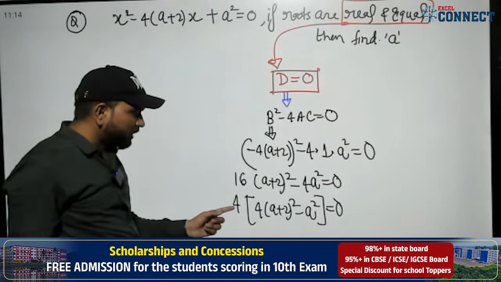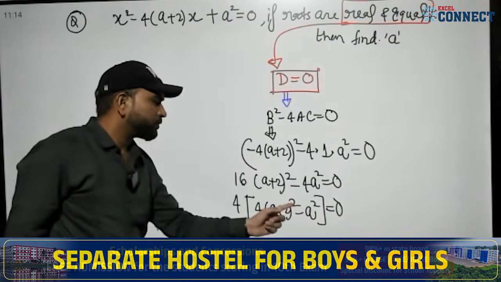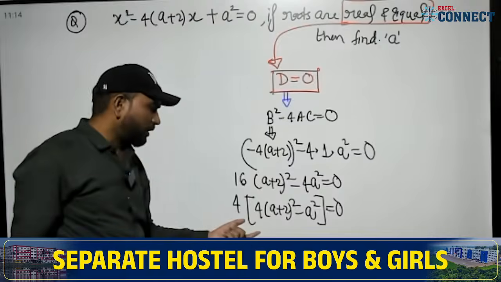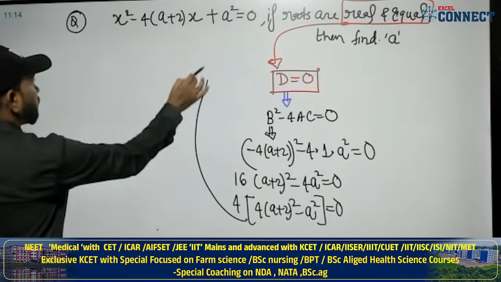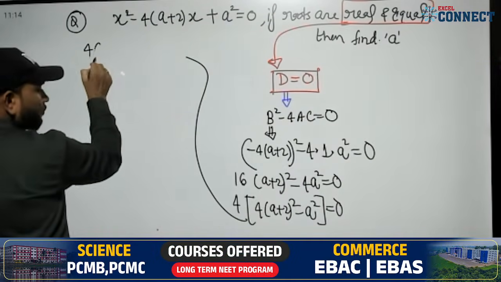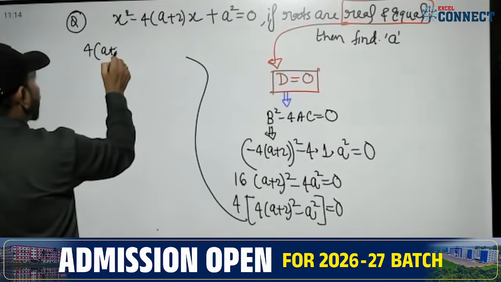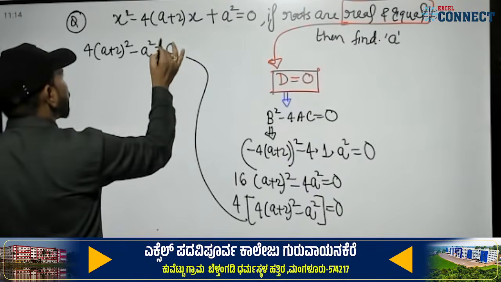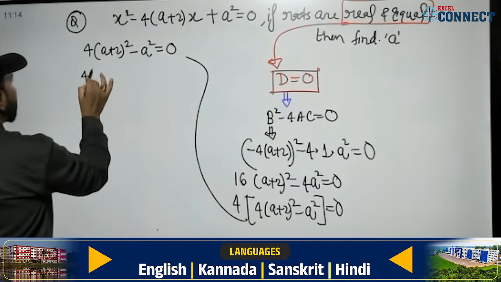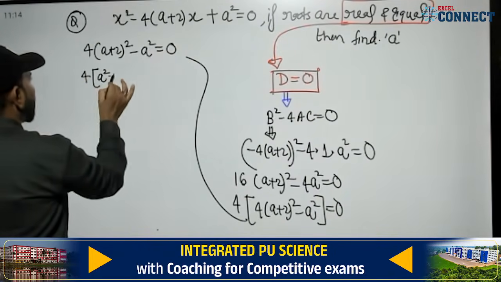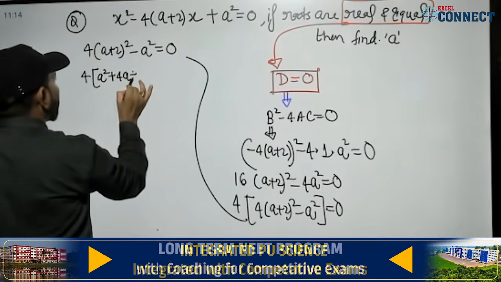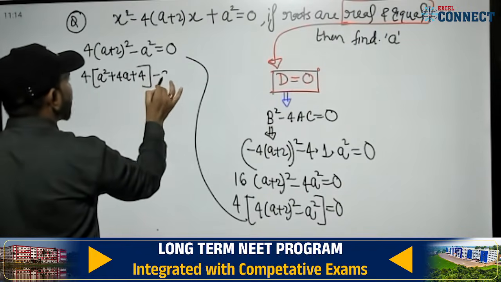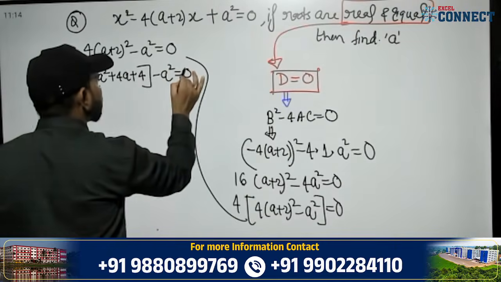Now this 4 we send to the other side, so 0 divided by 4. Now you can say this is 4 into (a plus 2) whole square minus a square is equal to 0. Now open the formula: a square plus 4a plus 4, and this becomes a square, is equal to 0.